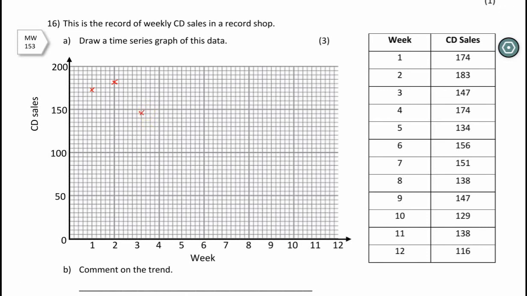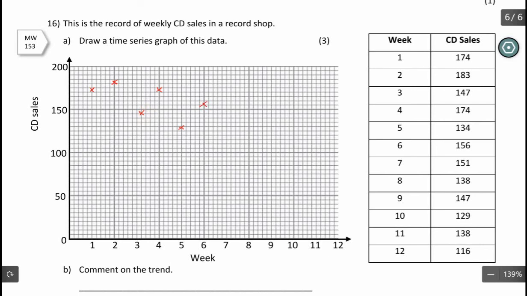Week 4, 174. Week 5, 134. Week 6 is 156.